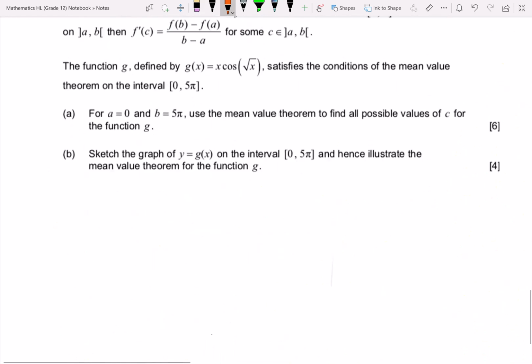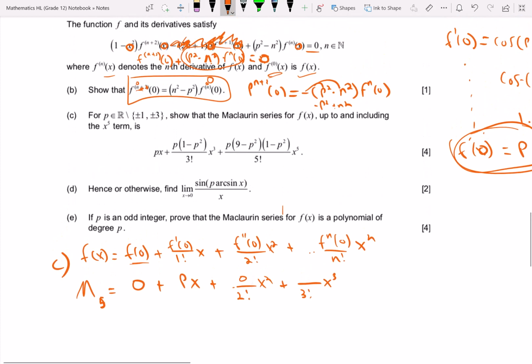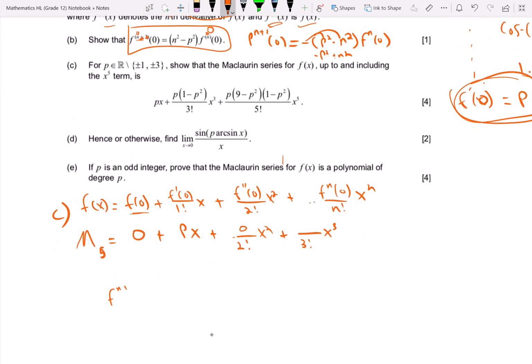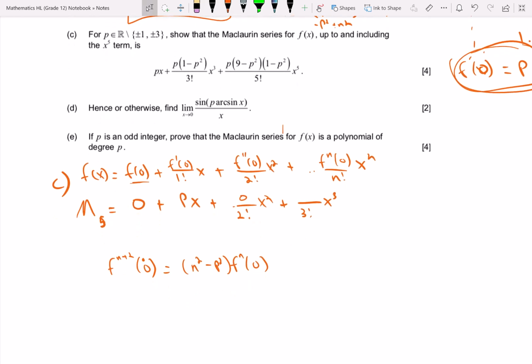And then here's where it gets a little bit trickier. The third derivative, evaluated at 0. Let me take this down here, so it's f^(n+2). Okay, so we know the first derivative evaluated at 0, right? We know if n is 1, we get p, right?